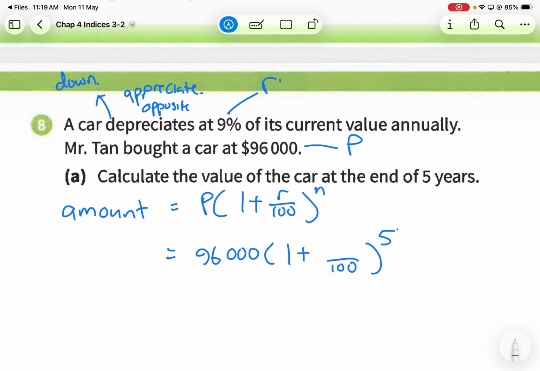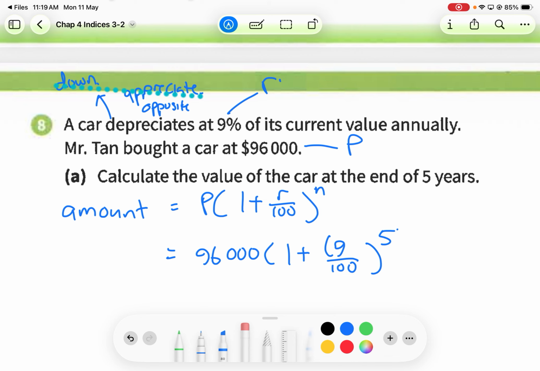So instead of plus, the percentage is going downwards, so it is actually minus 9%. Instead of positive, I put a negative. So every year it becomes 9% less, 9% less, lesser.